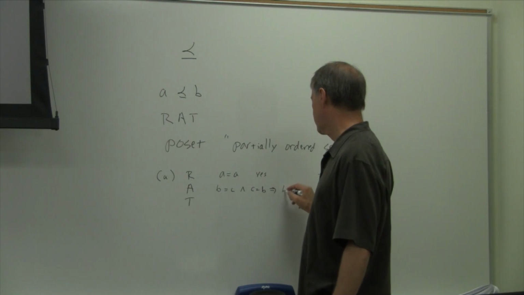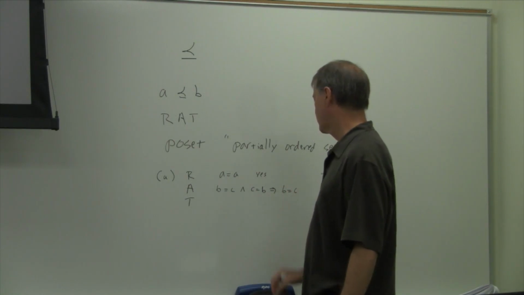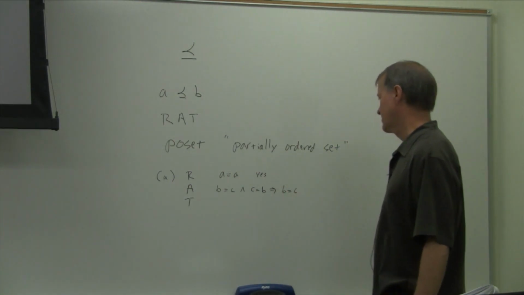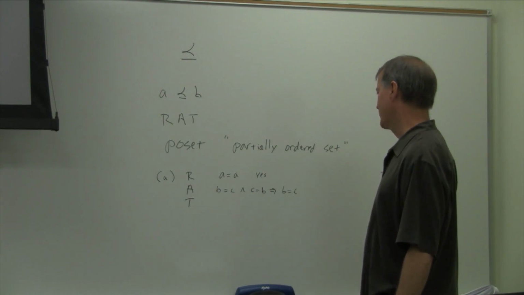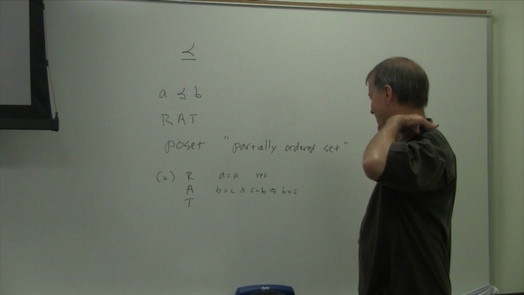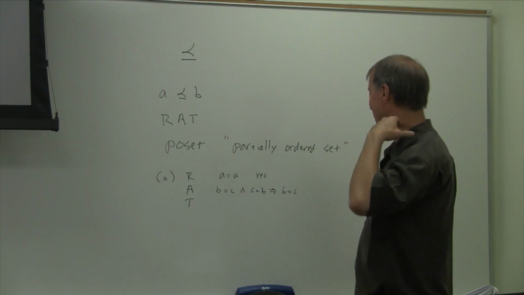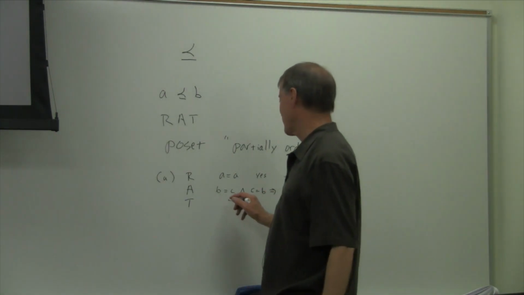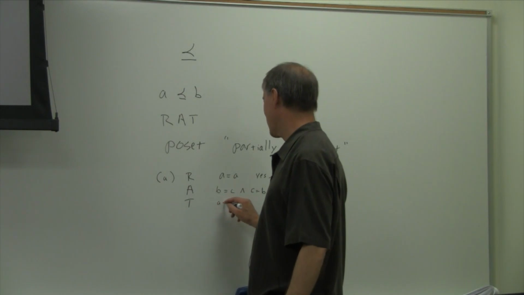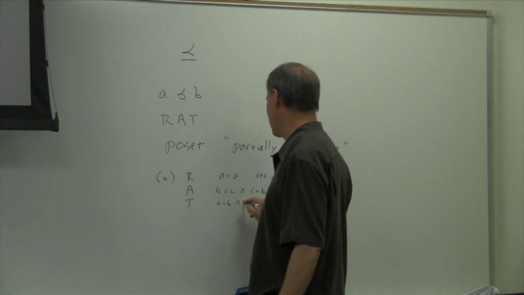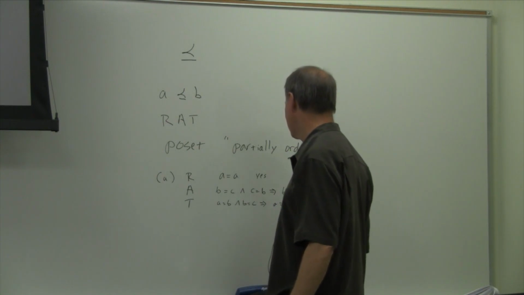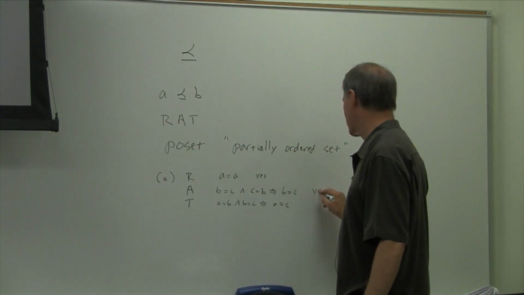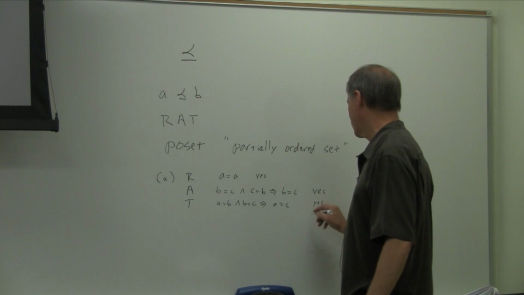Sure. Which I guess makes sense. Yeah, I guess it is. And transitive is: A equals B and B equals C implies A equals C. So I guess this is a yes too, huh? That's just weird.